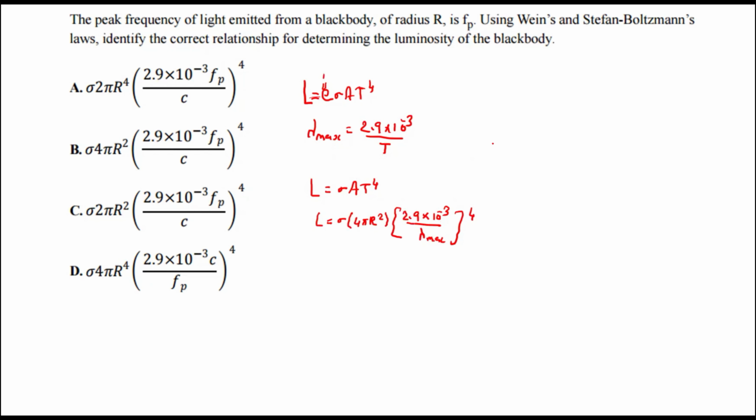And we know the wave equation that C is equal to F lambda. So lambda is nothing but C by F. So based on this, we have sigma 4 pi r square times 2.9 into 10 to the power minus 3 over C down, FP over the top, the whole raised to 4, which is nothing but the answer P.